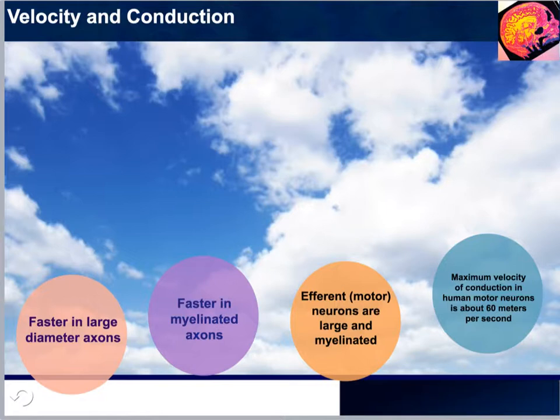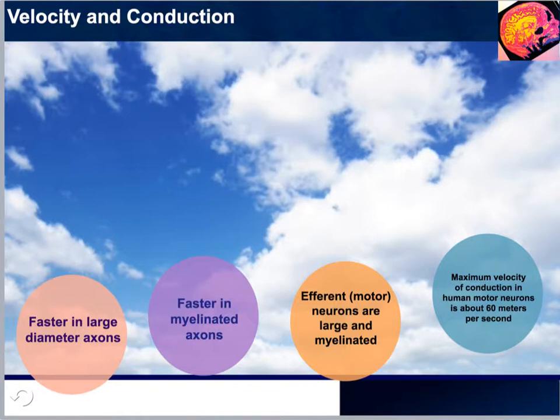These are large and myelinated, so some of these can actually conduct at speeds of 100 meters per second. That would be the equivalent of about 224 miles per hour. In contrast, we have small unmyelinated axons that conduct action potentials at about 1 meter per second.